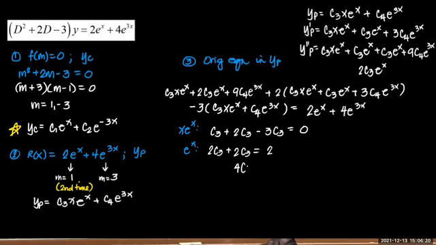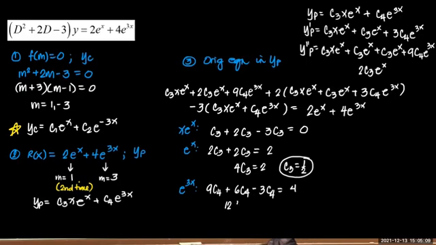So I can say that 4c3 is 2. c3 is equal to 1/2. No problem with that. Let's equate those with e raised to 3x. c4 is equal to 4. I can see that c4 is equal to 1/3.